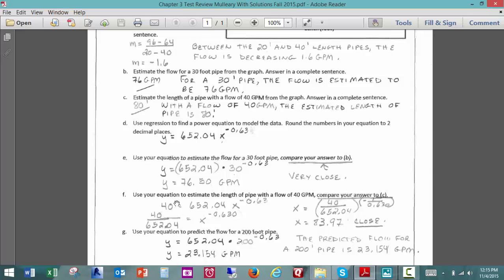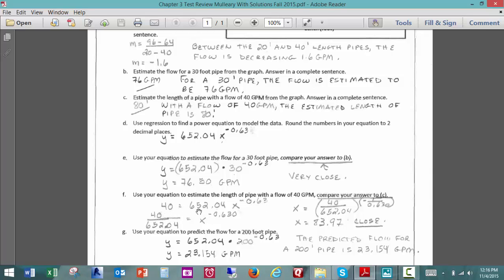On F, use your equation to estimate the length of pipe with a 40 gallon per minute flow rate. And again, up on top on C, I had to look at the plot. Down here, I'm going to be using my equation. So I put 40 in for the y, equals 652.04 times x to the negative 0.63.